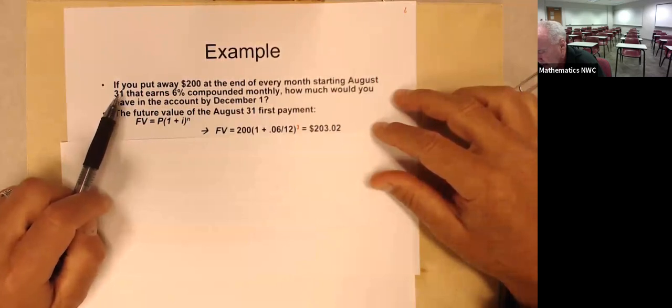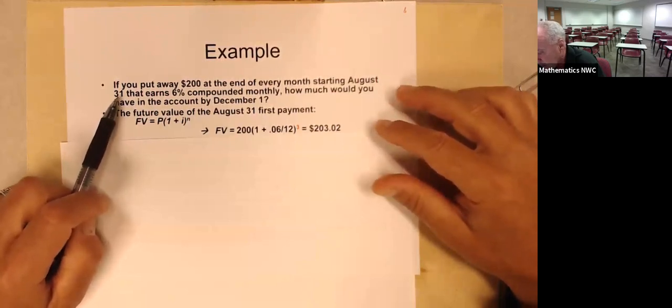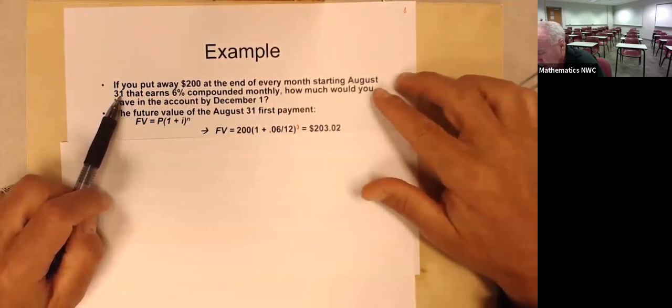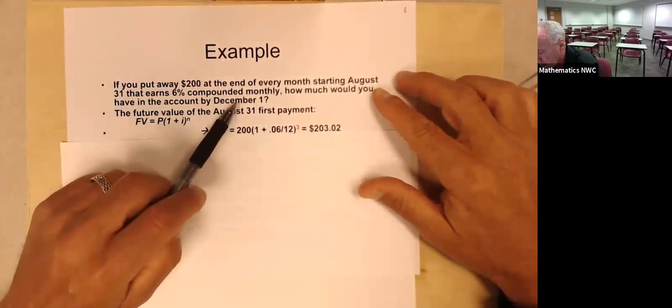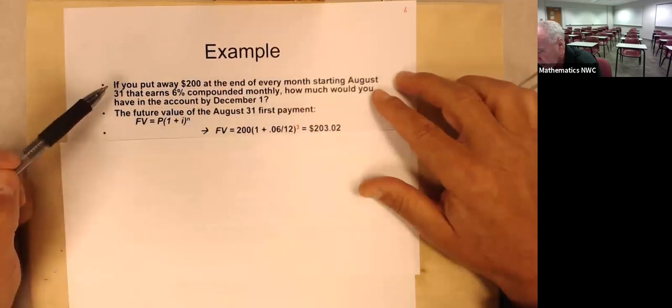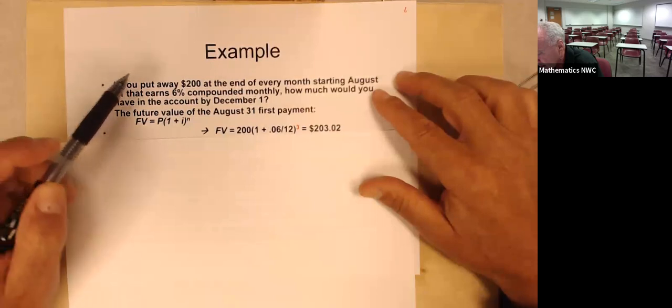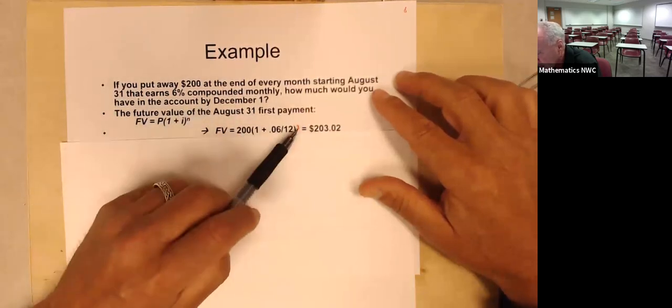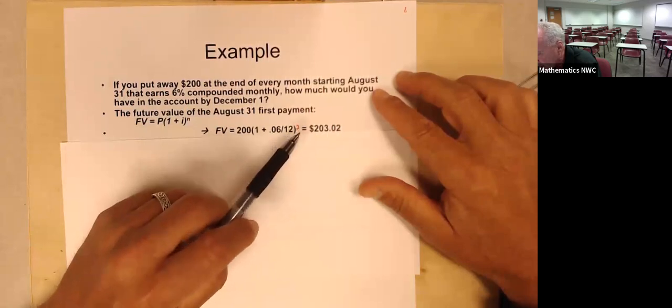Because it was at the end of August, it never earned any interest during the month of August. So from August 31 until right up to December 1 was basically only 3 months. That 3 changed. The previous example, it was in there 4 months. Because previously we put it in August 1. That was another full month of interest being earned. This one got put in at the end, an ordinary annuity, so that made it 1 less month.